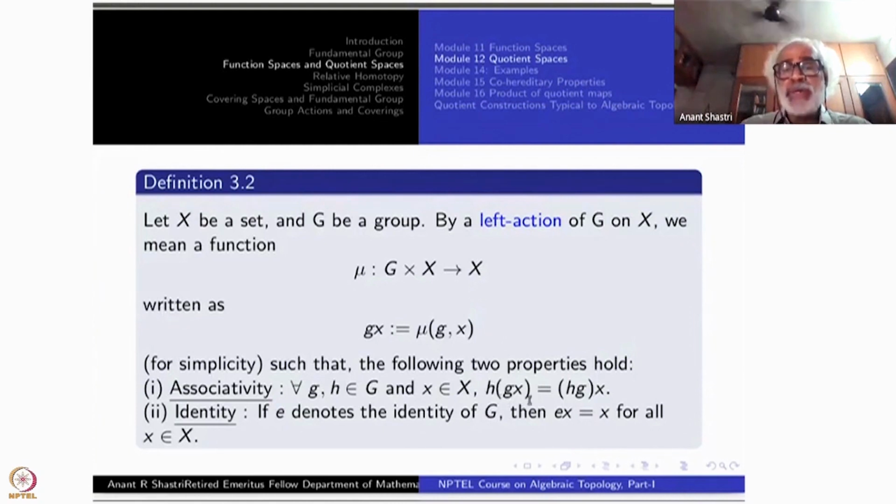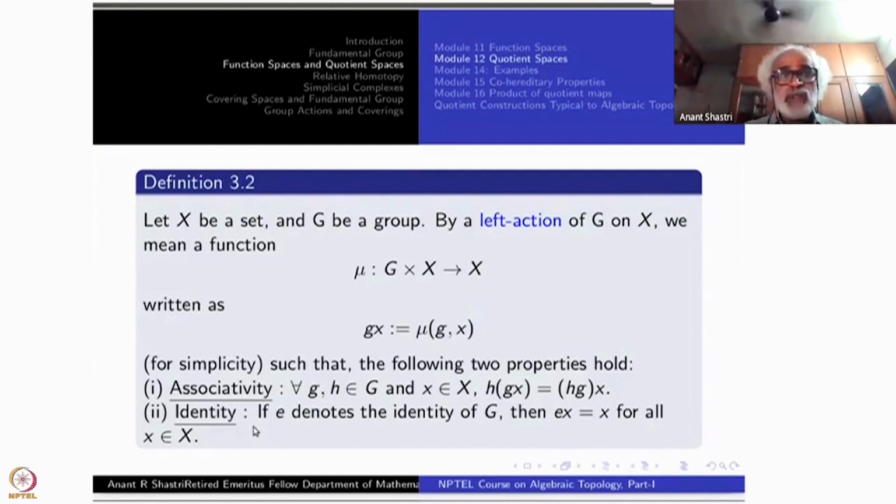So h(g x) is (hg) x. The other is the identity hypothesis, namely, if e is the identity element of G, then the action of e on any x, namely ex, which is the same thing as mu of e,x, must always be x itself. So the identity acts as the identity action.